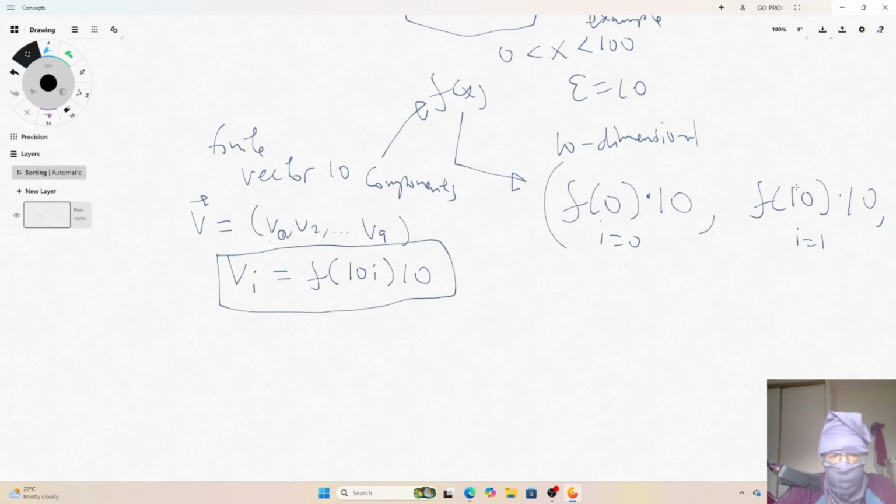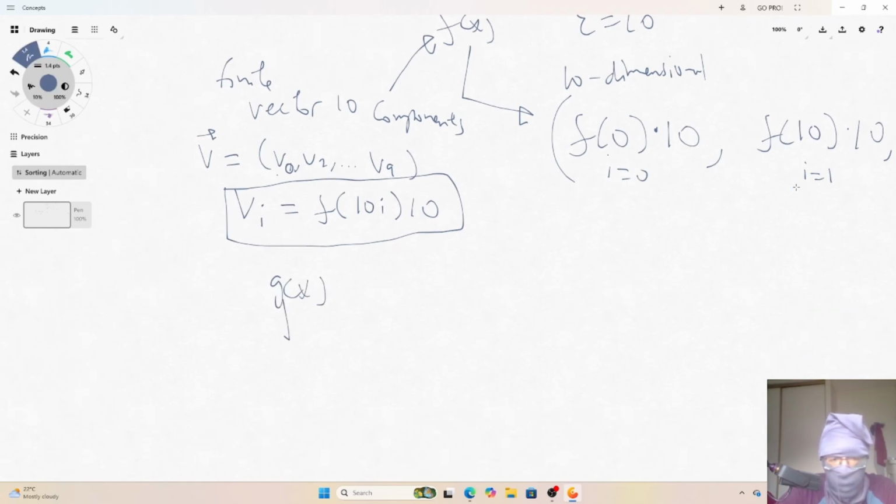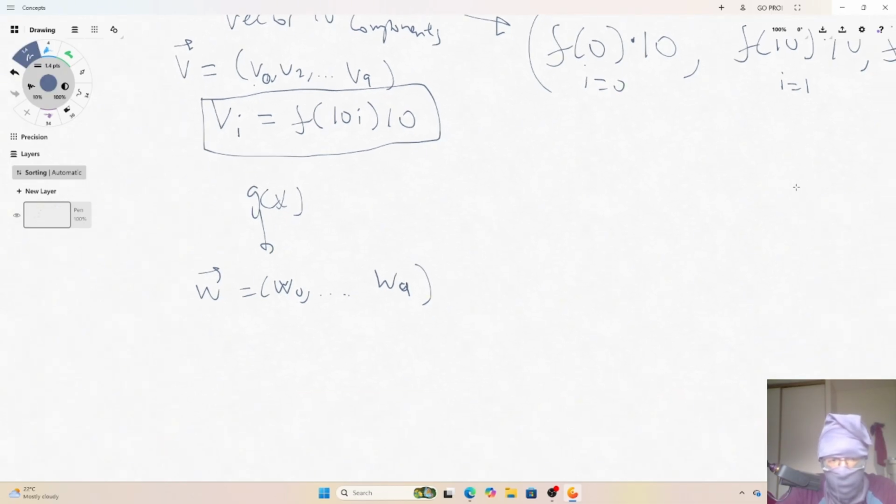And so when we take the inner product of this vector, suppose you have another function that then gives another 10-dimensional vector, given by, well, the formula is still the same.